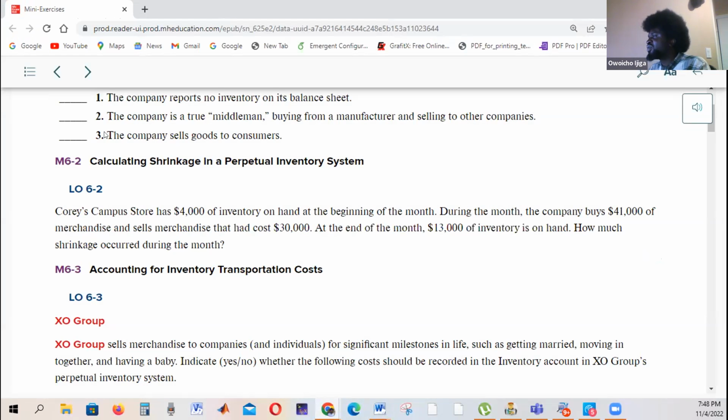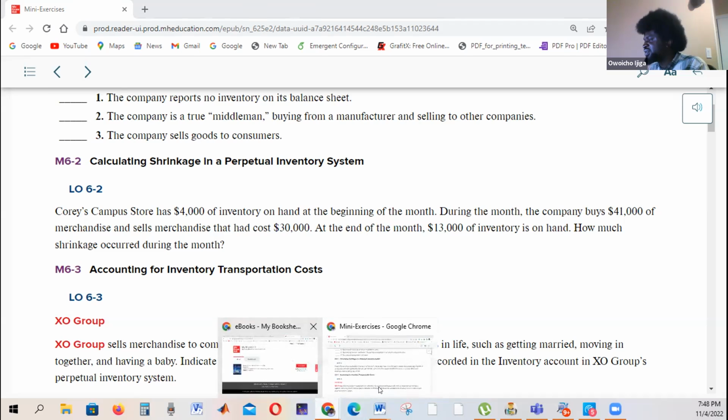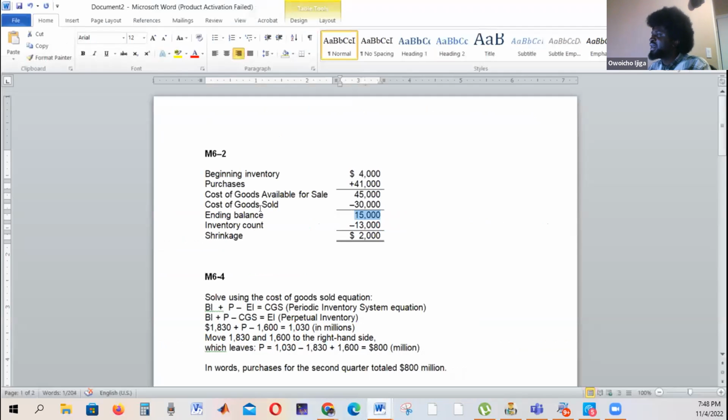How much shrinkage occurred during the month? At the end of the month, we're having $13,000. However, the ending balance should have been $15,000. But we are having $13,000. That means something is missing.